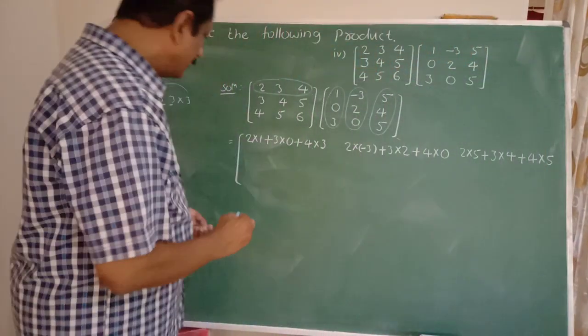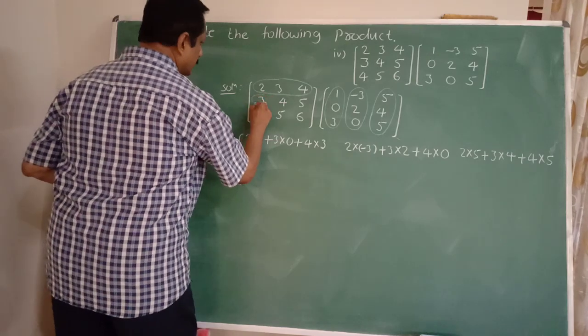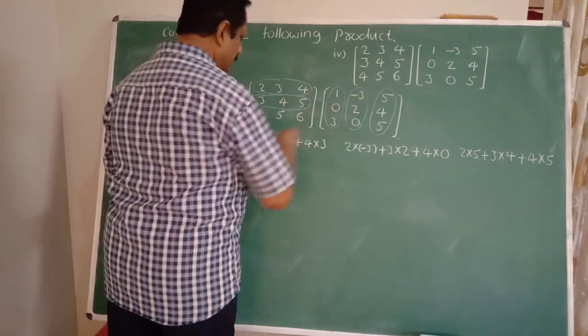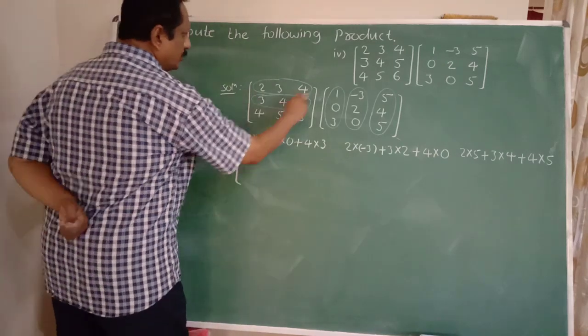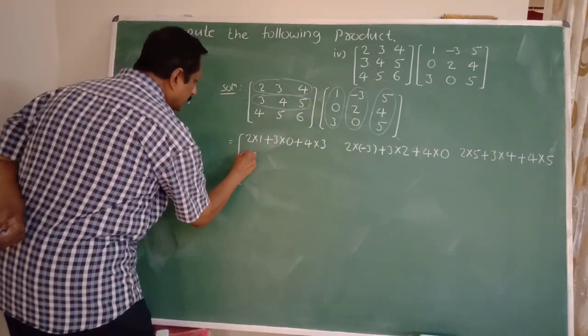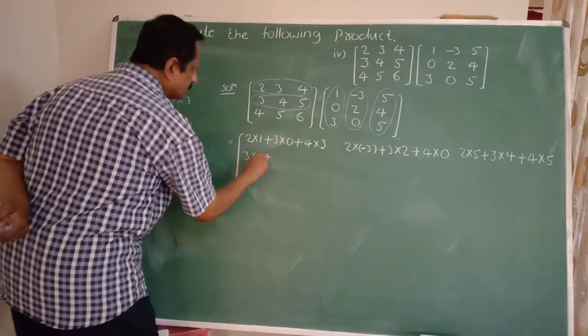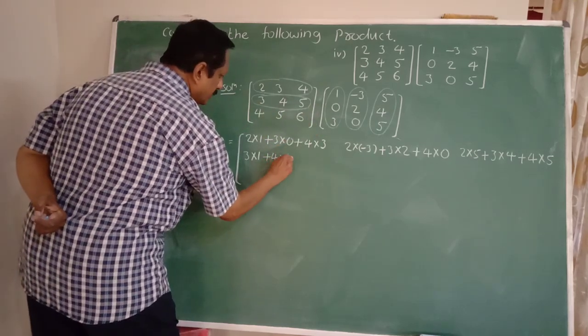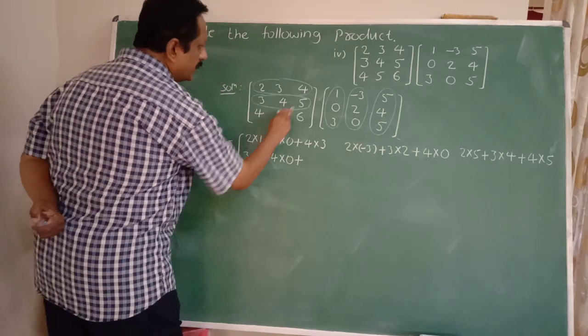Okay, now take the second row, this row. Multiply with the three columns. 3 into 1 plus 4 into 0 plus 5 into 3.